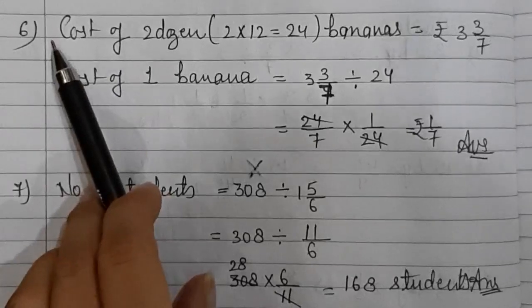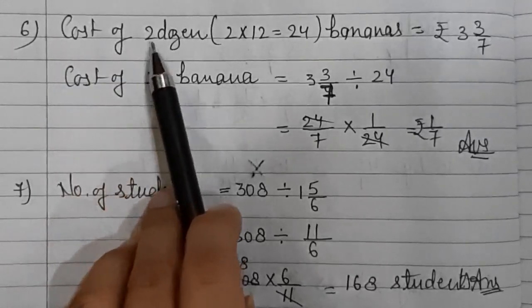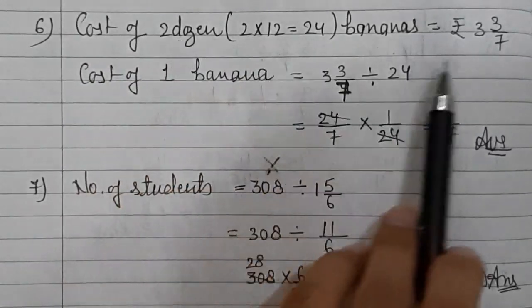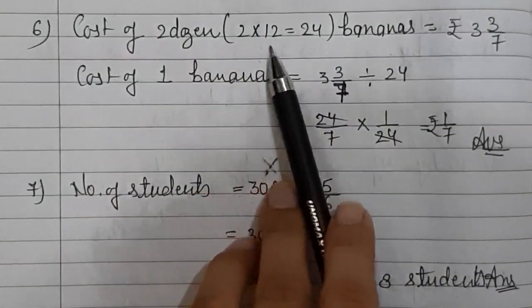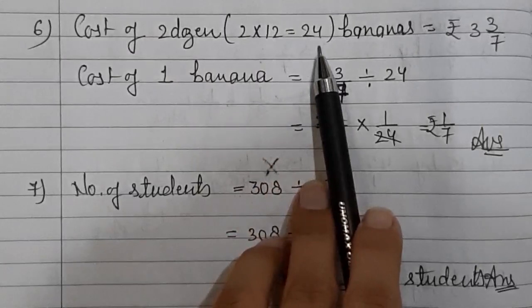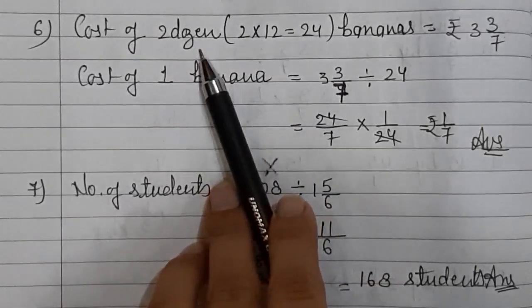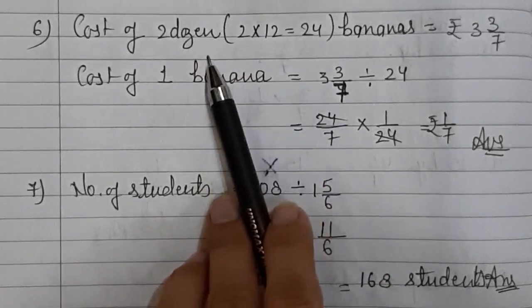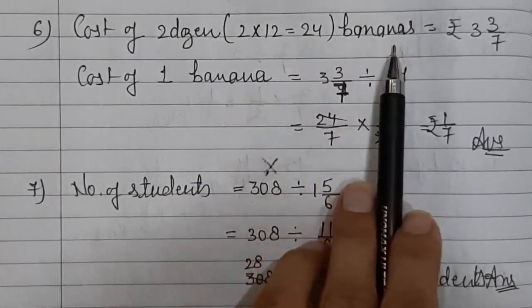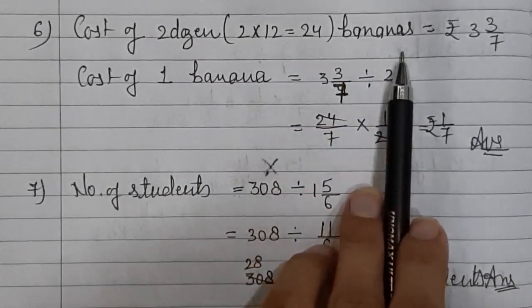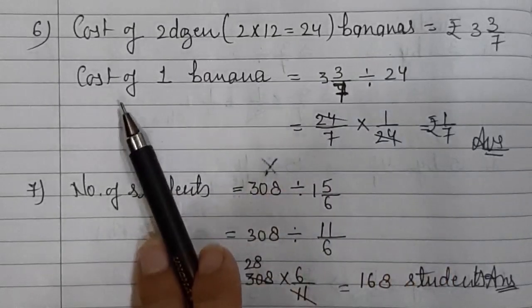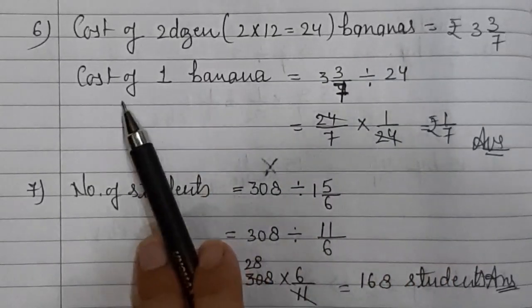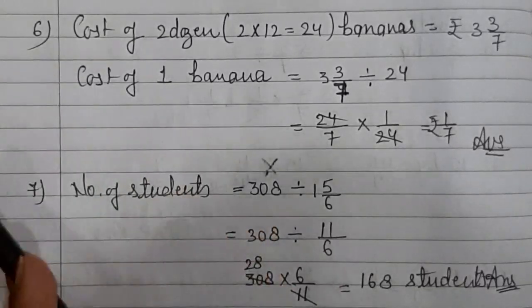Sum number 6. Cost of 2 dozen bananas is 3 whole 3 by 7. 2 dozen stands for 2 into 12, 24, because we know that 1 dozen is equal to 12 quantity. So 2 dozen is equal to 24 bananas. Now we have to find the cost of 1 banana. So for lesser quantity, we have to divide.